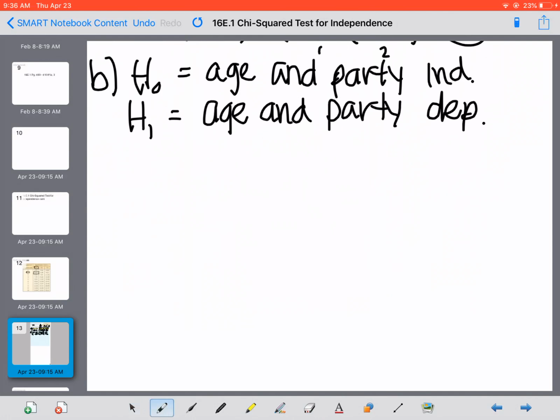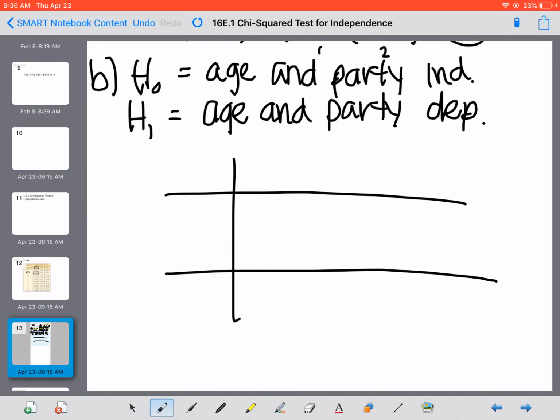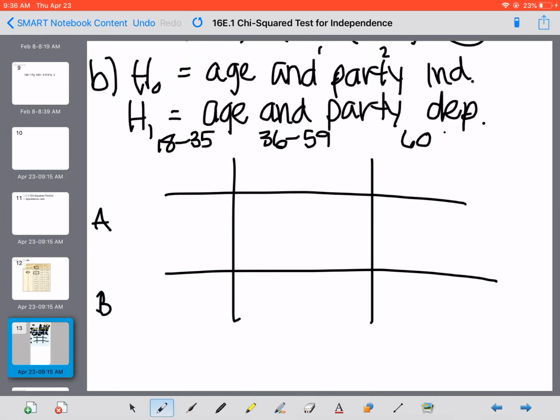So let's make a table here. This is A and B, and this is our 18 to 35, our 36 to 59, and our 60 plus. To find each expected value, we take the total of A times the total of the 18 to 35, and divide by our overall total.